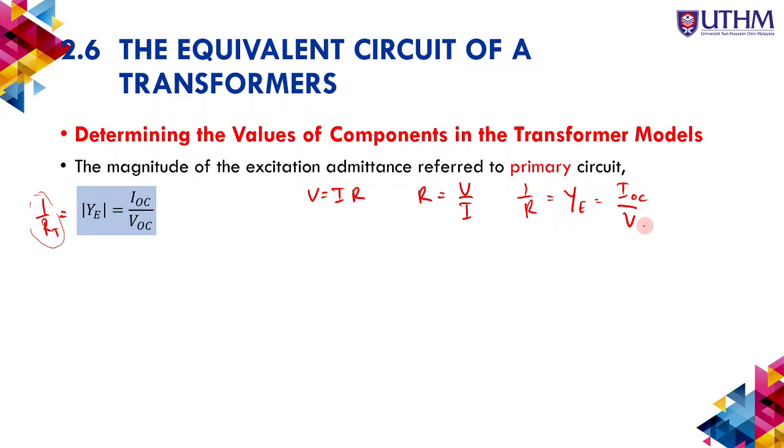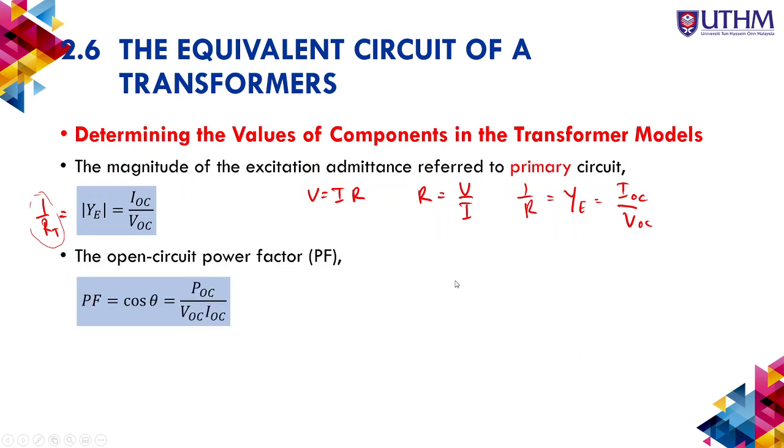Okay, so since we have a bacaan, the reading during the open circuit test, we just use the reading I over, IOC and VOC. And then for the power factor, we just directly use the power from this equation: VOC IOC cos theta. So from here we can measure the power factor.